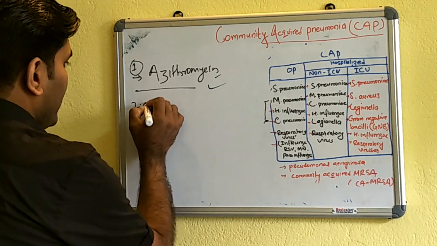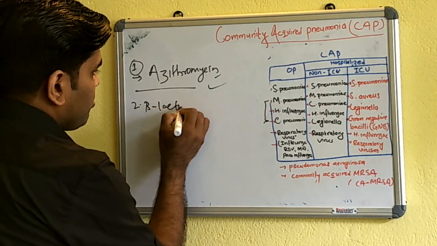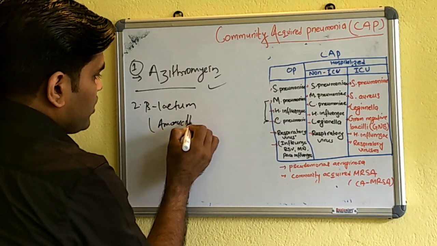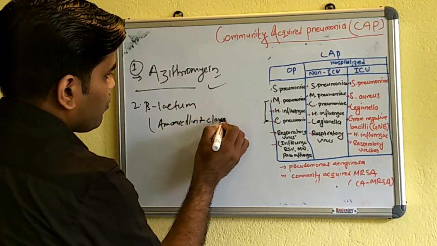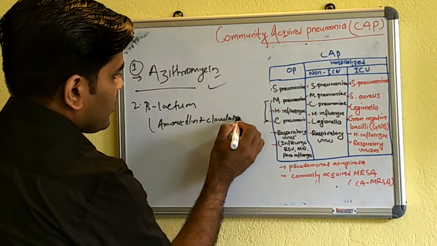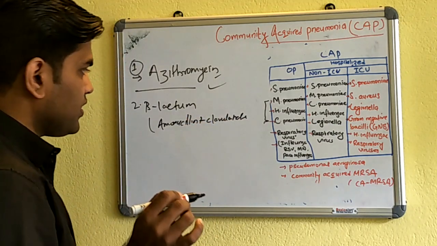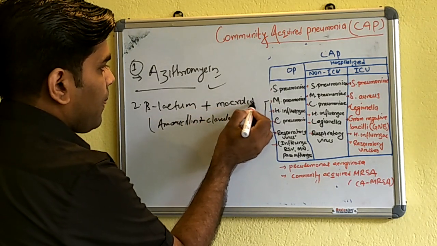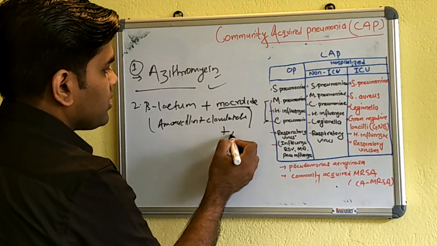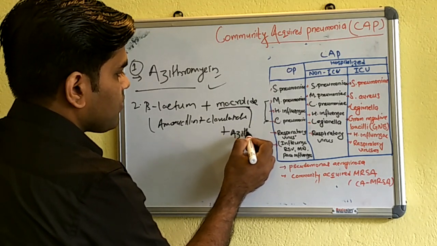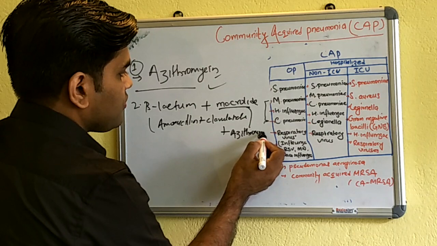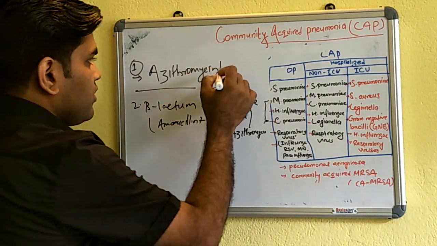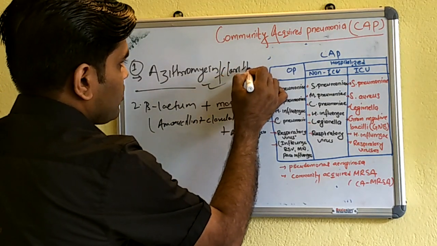You have to give a beta-lactam, that is amoxicillin with the addition of clavulanate, so clavulanic acid plus a macrolide. Macrolides include azithromycin, clarithromycin also.